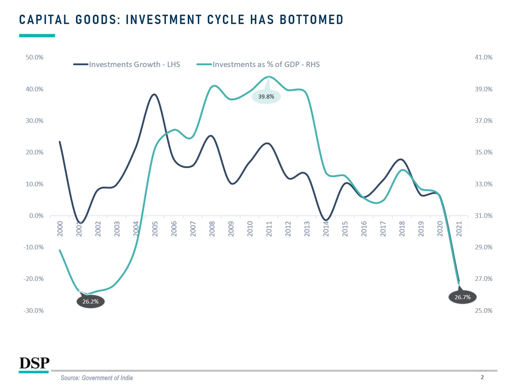As you can see, the investment contribution to GDP fell to previous lows of 26.7% in FY21, which clearly indicates that the cycle has bottomed out. Also, from the growth perspective, FY04 to 08 investments grew by 23.7% CAGR, 09 to 18 it was 12% CAGR, and 19 to 21 we have seen a negative 2.7% CAGR.